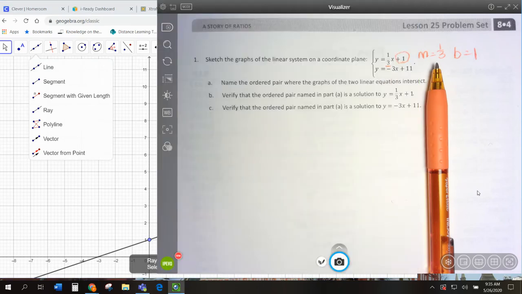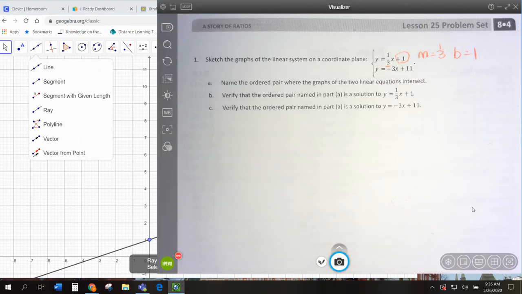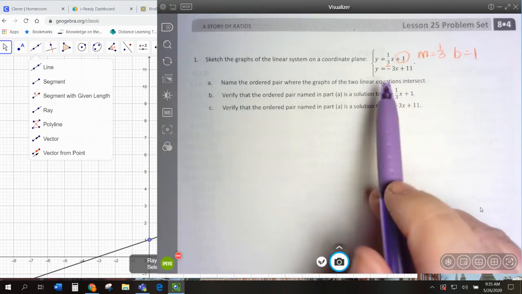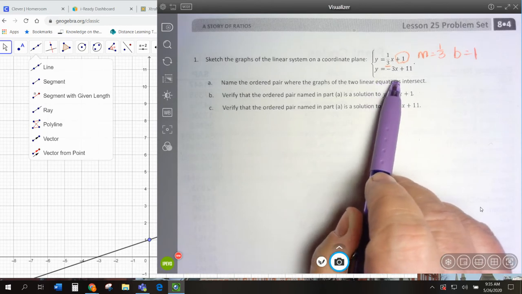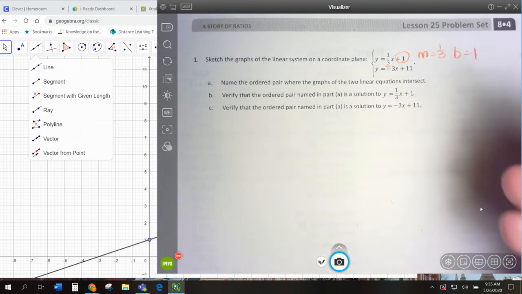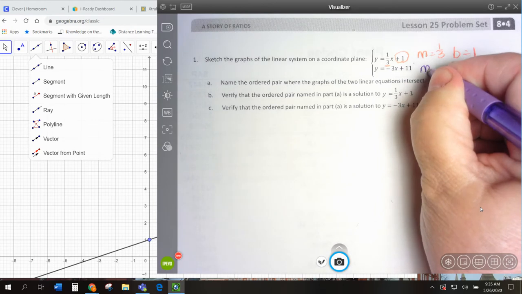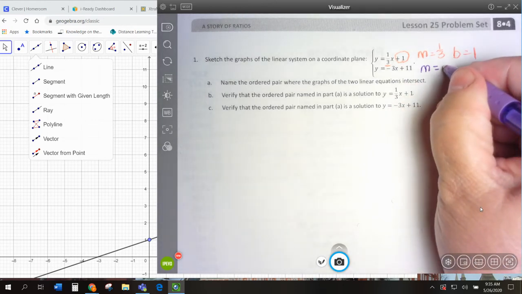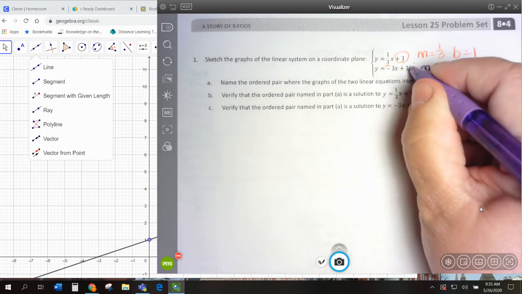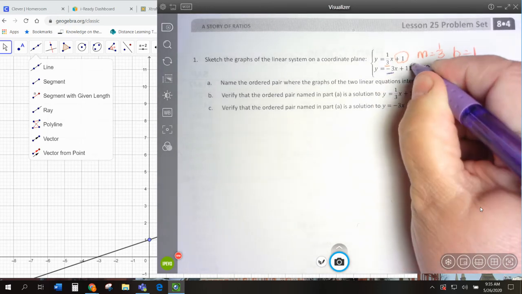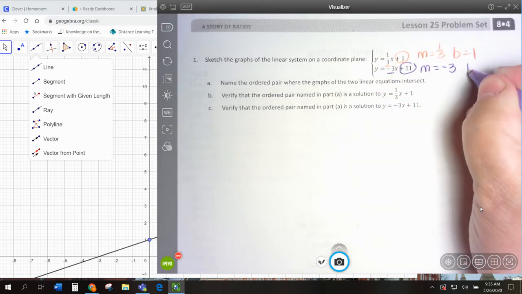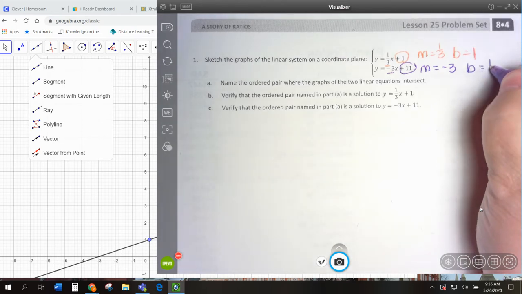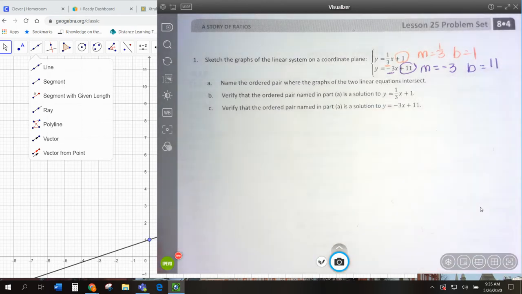Now we can go to our next problem. Y equals -3x plus 11. So once again, what's our m? -3. And what's our b? +11. So we're going to graph that.